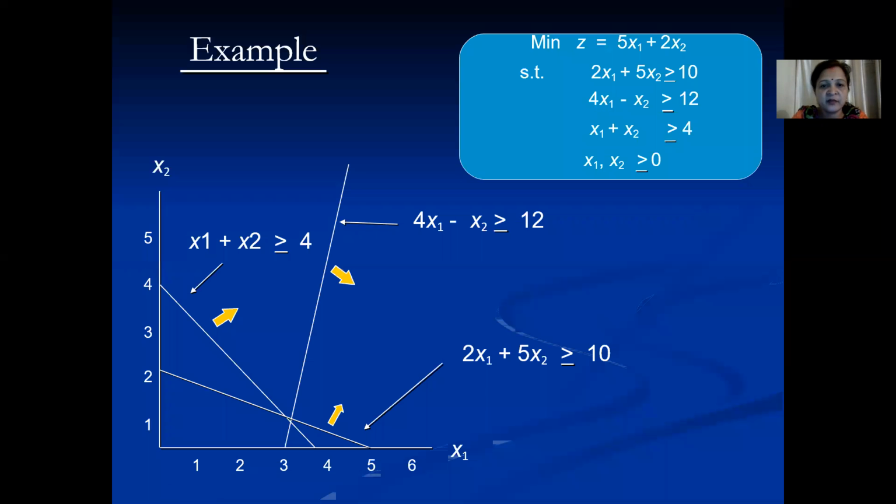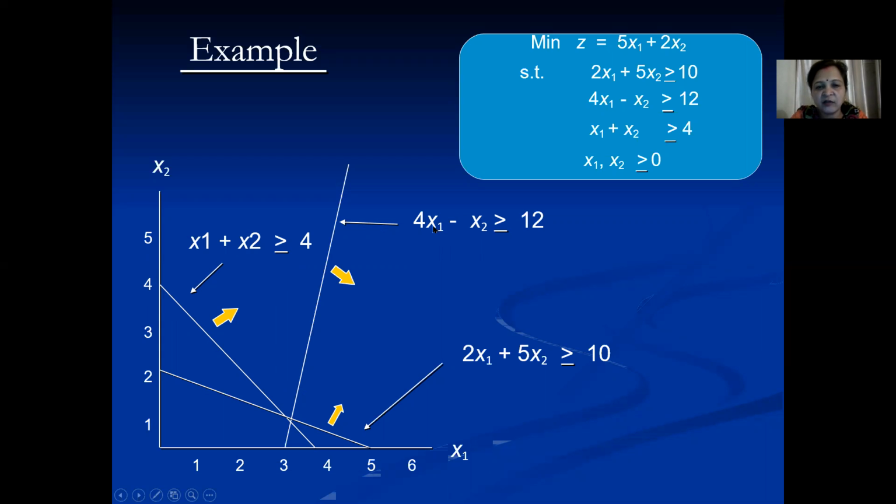This is the picture we are getting here. x1 plus x2 greater than or equal to 4: x1 plus x2 equal to 4 is this line, and its outer part represents x1 plus x2 greater than or equal to 4.